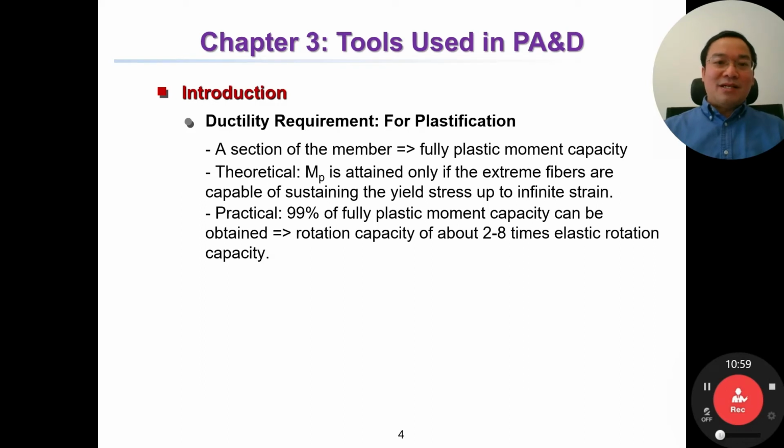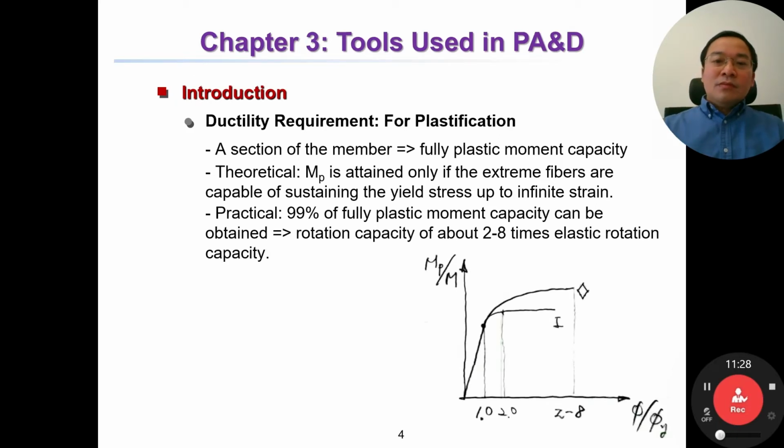So 99%, not 100% theoretical, but 99%. But with a requirement: the requirement for 99% of the fully plastic moment capacity is a rotation capacity of about 2 to 8 times the elastic rotation capacity. What does it mean?